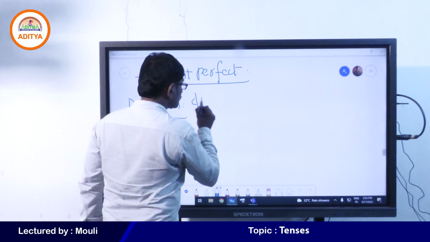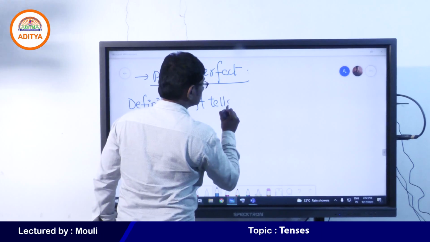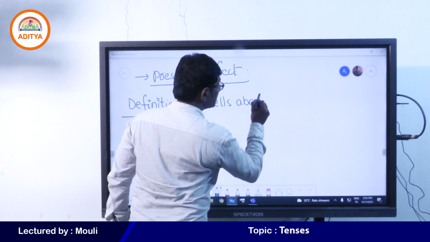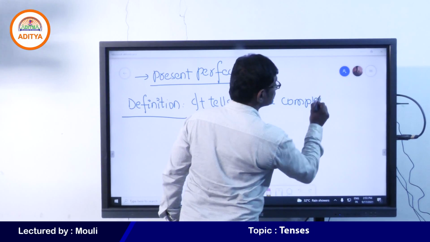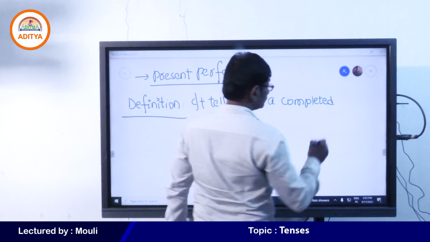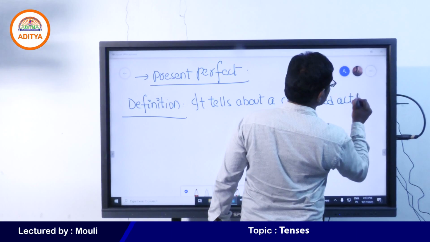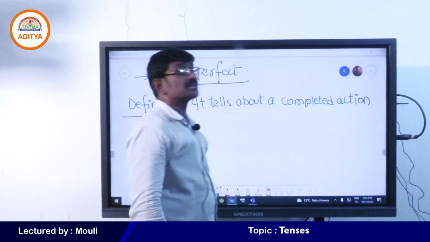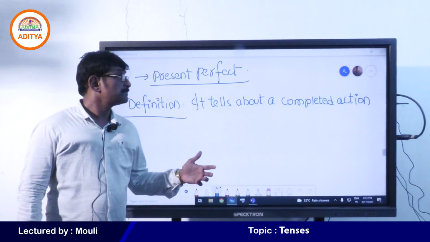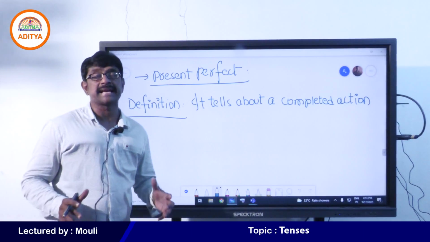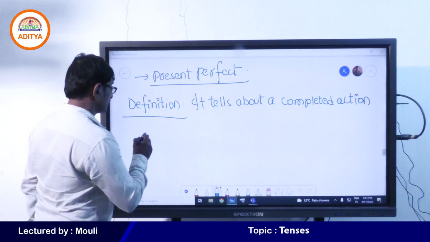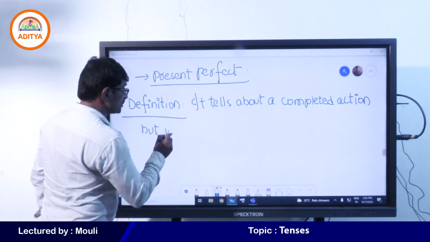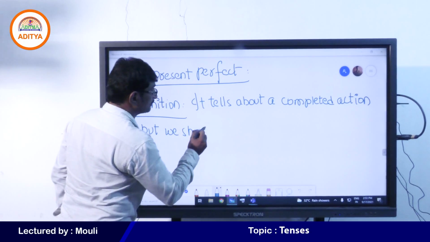It tells about a completed action. Present perfect tense tells about a completed action, but we should not mention the past time.